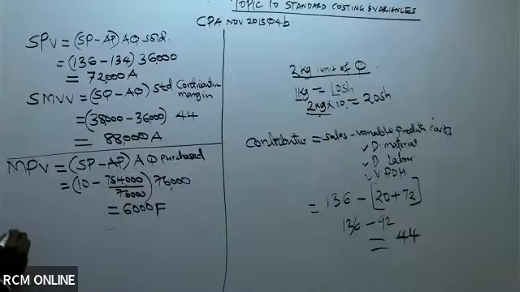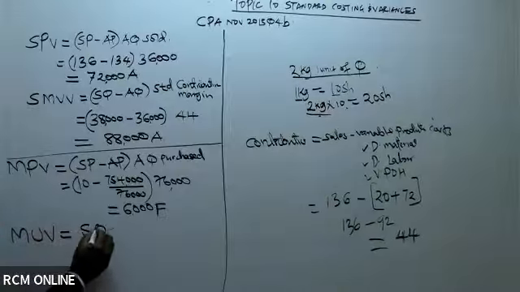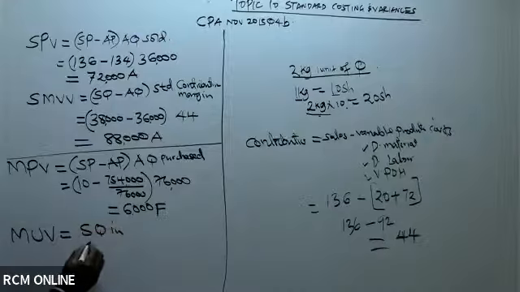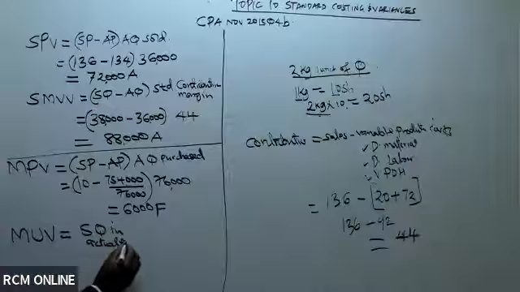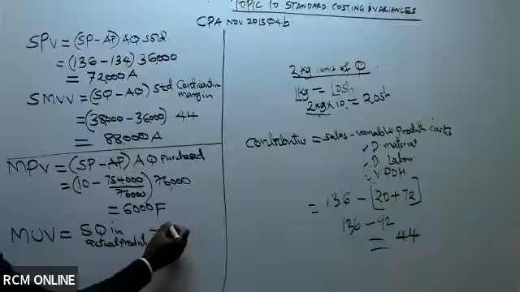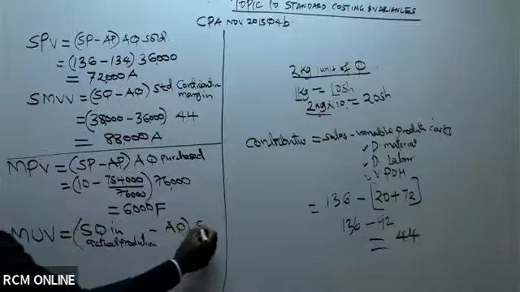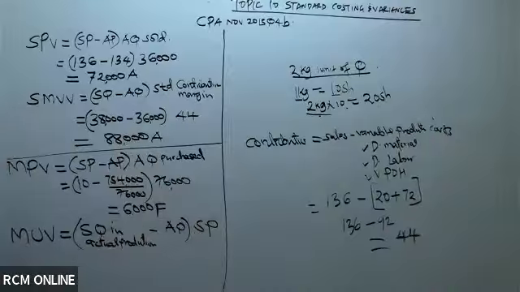So material usage variance is equal to standard quantity in actual production minus actual quantity, then you multiply by the standard price.